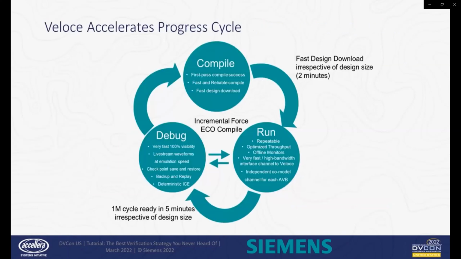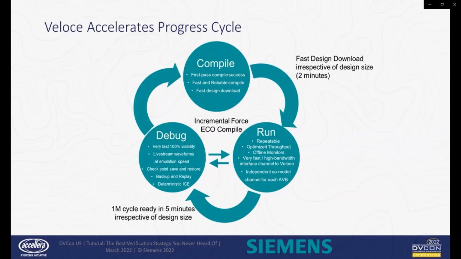Veloce accelerates the verification cycle by predictability, reliability, and efficient debugging. Each compile that you do is first pass success, a fast and reliable compile. You will have fast design download irrespective of design size. Every time you run, you will get the same result.